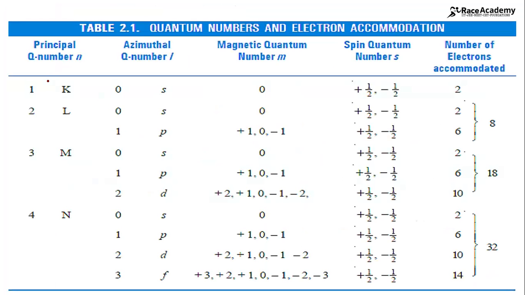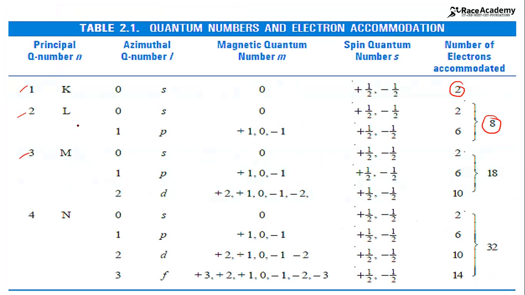Now we can see all the quantum numbers in tabular form. If the principal quantum number is 1, then these are the values, and the number of electrons accommodated is 2. If n is 2, the symbol is L, with the spin and magnetic quantum number values given, and the total number of electrons accommodated is 8.